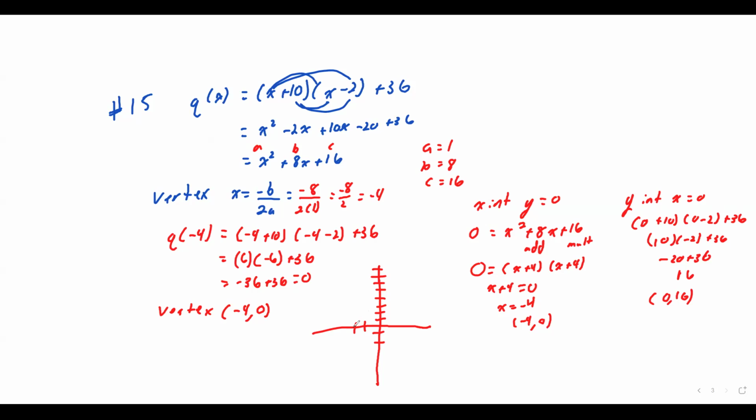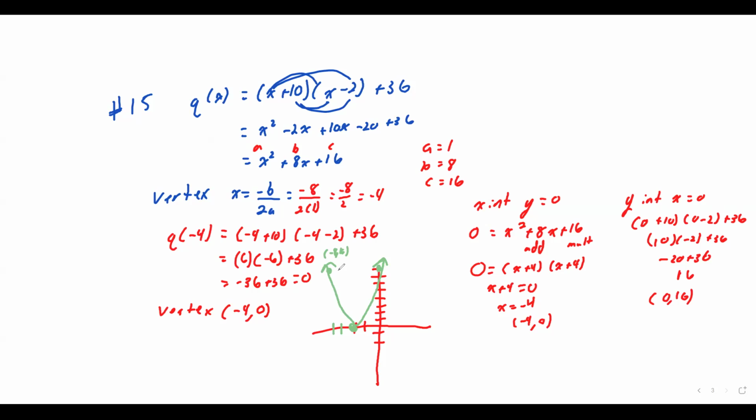So this right here would be my vertex and my x-intercept. And then this is my y-intercept. If I go over 2, 4 and then up 16, this coordinate right here would be 16. There you go. Now I have a symmetrical graph, give or take.